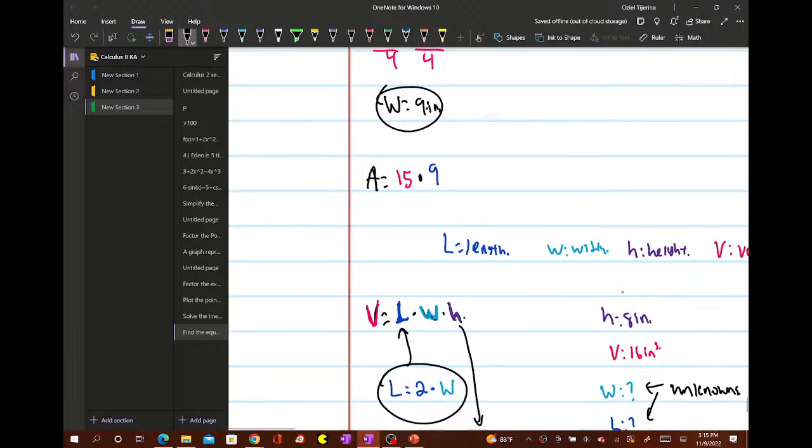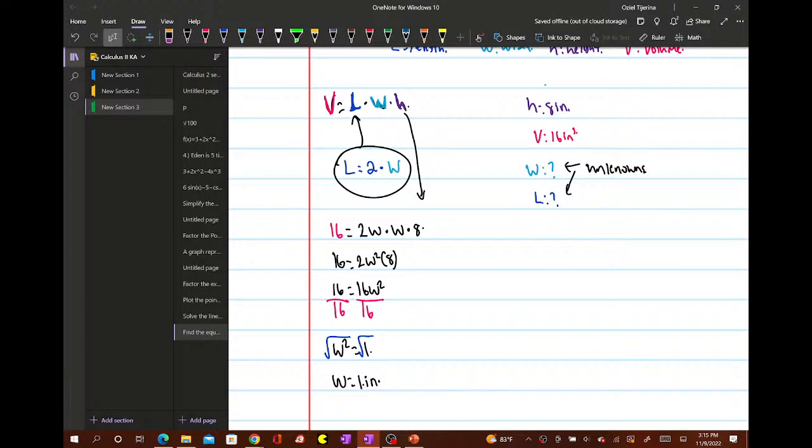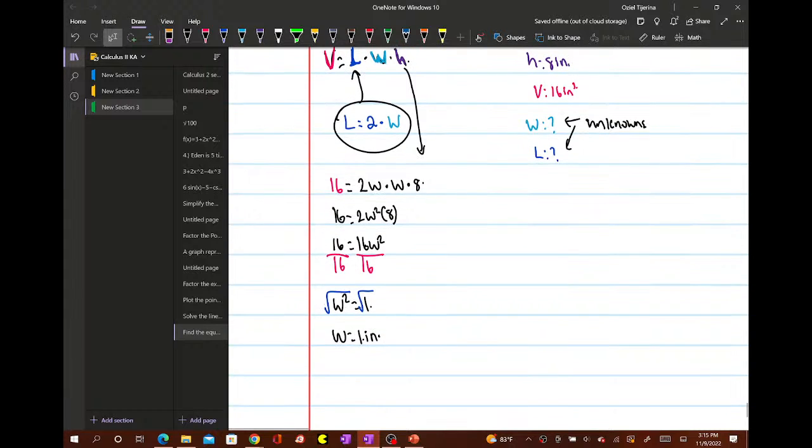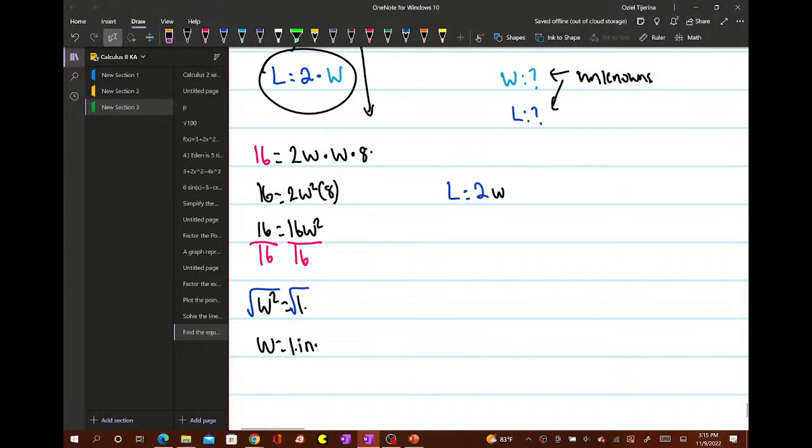Okay, that's the width. The height, we all know, is 8 inches. And then the length is 2 times the width. So the length is 2W. We said the width was 1 inch, so the length has to be 2 times 1, which is just 2 inches.